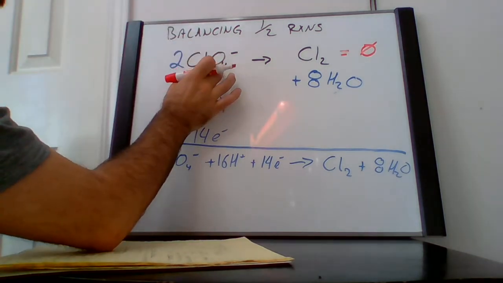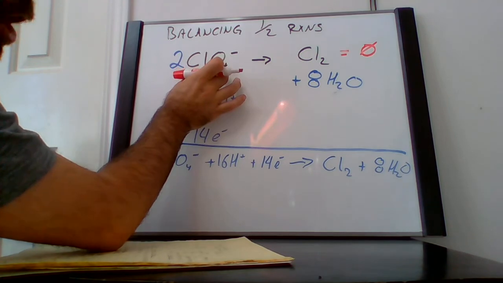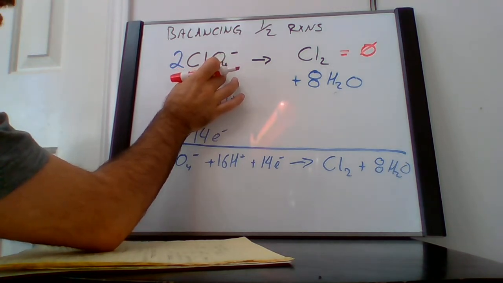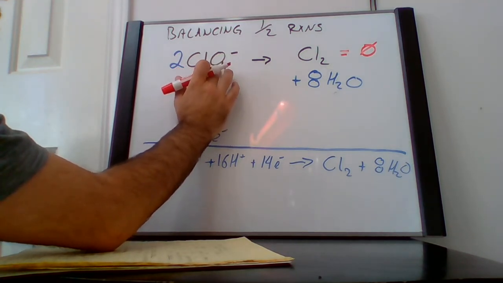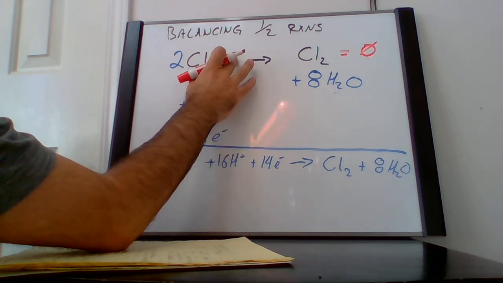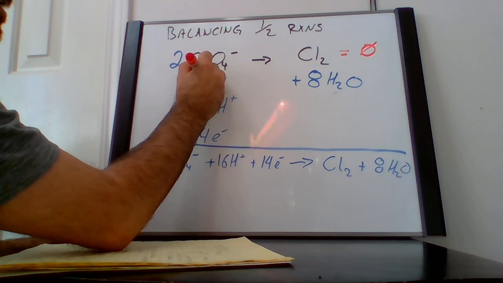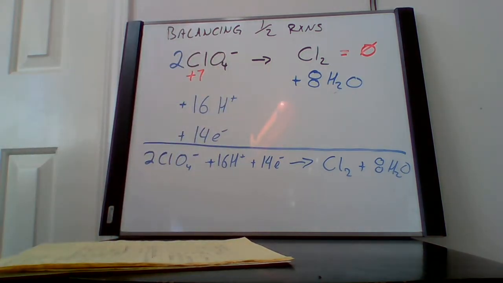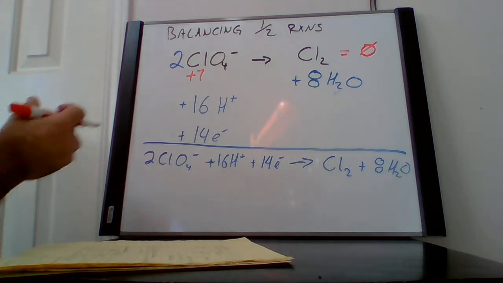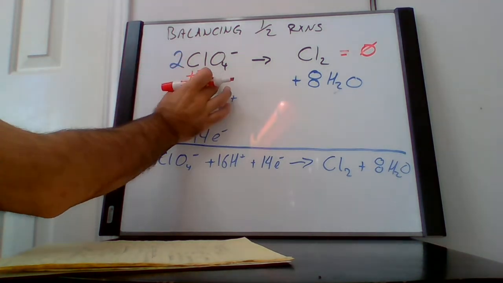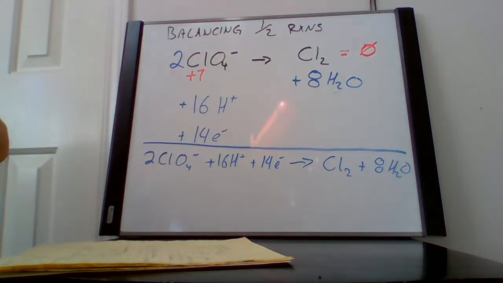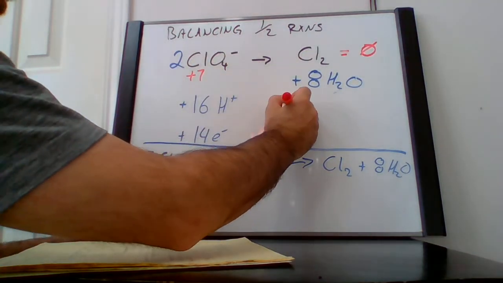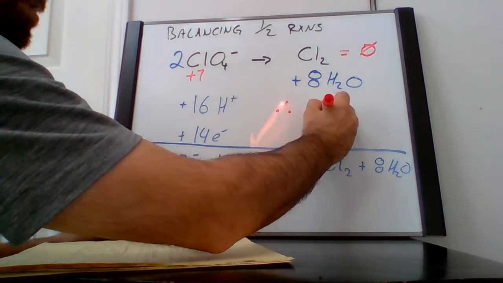On this side, just looking at this individual compound, and this is one of the examples we did, we saw that we've got a -8 from these 4 oxygens. Our total has to add up to -1, so that means I have a +7 oxidation number on my chlorine. So I'm going from a +7 to a 0, so therefore it is a reduction.